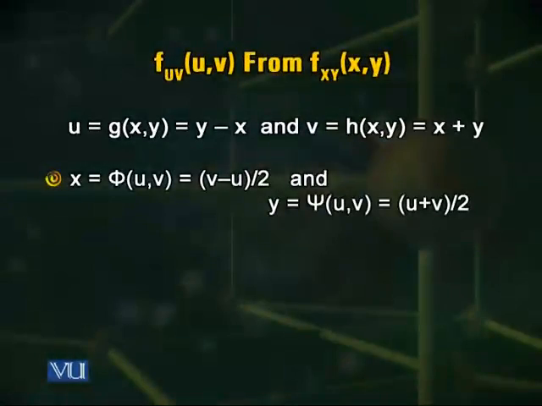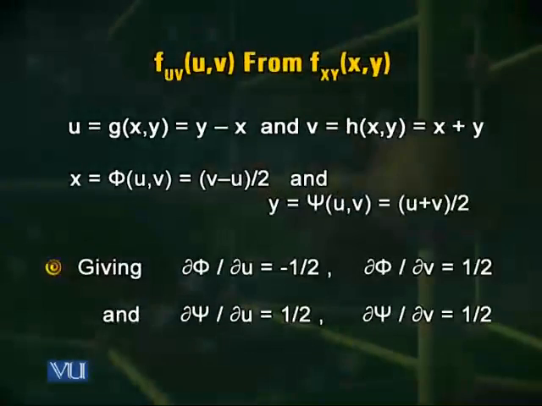Solve them and you get your reverse transformation phi, as shown on your screen, to be (v minus u) divided by 2, which gives us the value of x. Similarly, psi, another transformation, takes u and v and applies the formula (u plus v) divided by 2 to give us y.